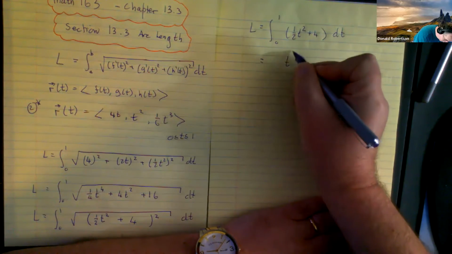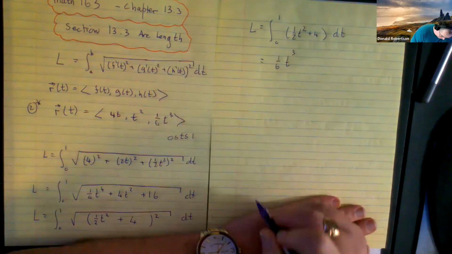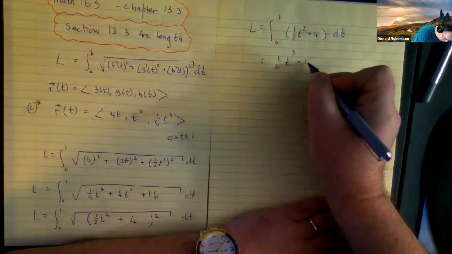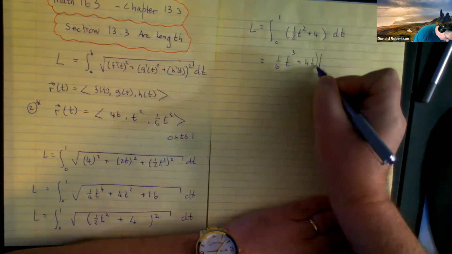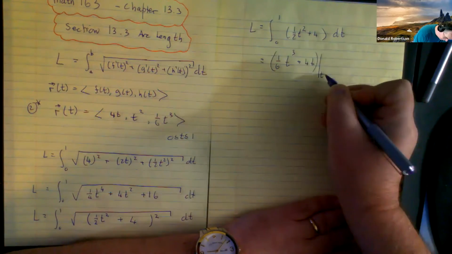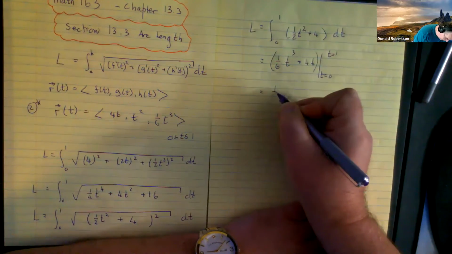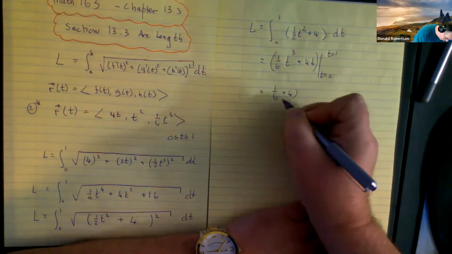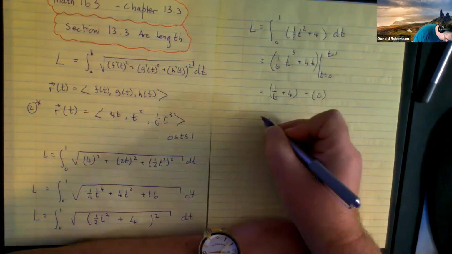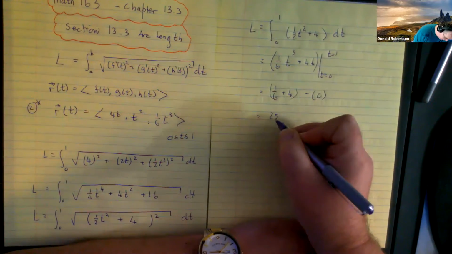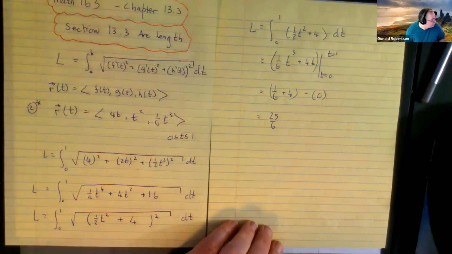So I'm going to add 1 to the power, divide by the new power. And the 4 is going to get me 4t. And I'm going to evaluate it from 0 to 1. And that's going to get me 1/6 plus 4, take away a whole load of nothings. And that's going to get me 25/6, I believe, which actually is correct.